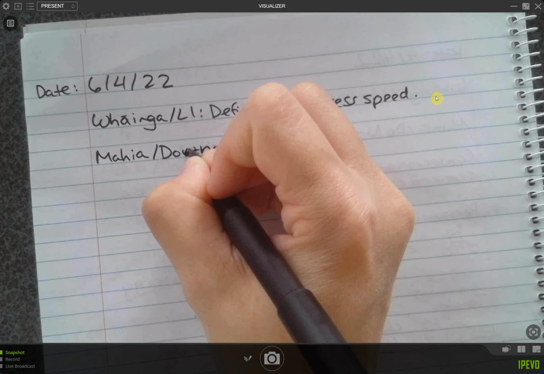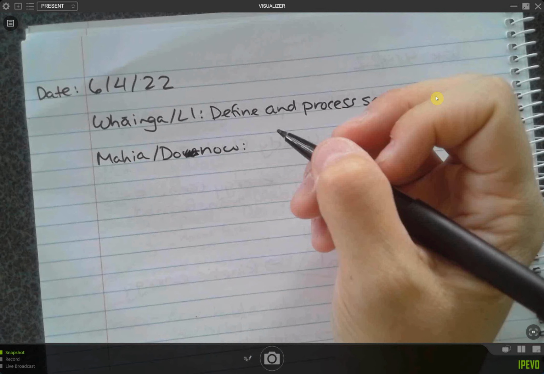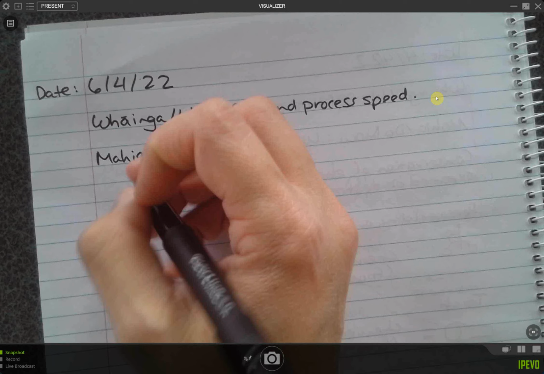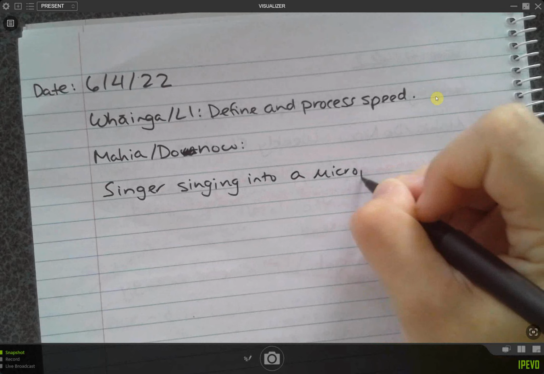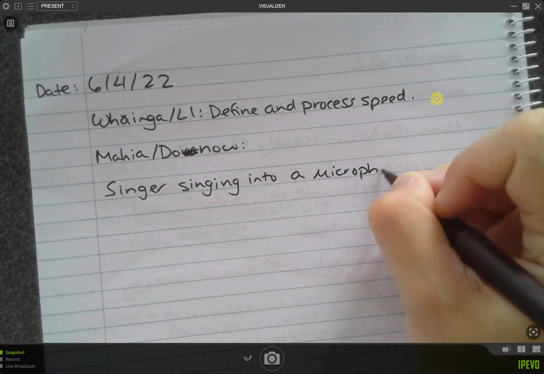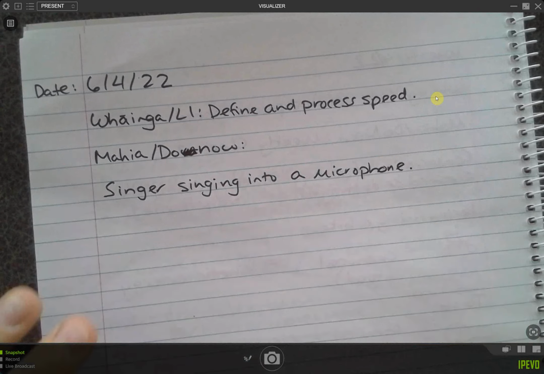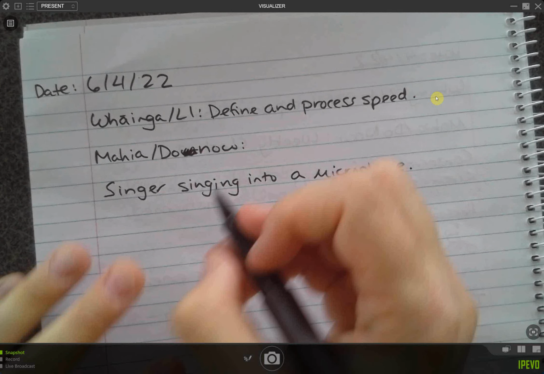We have a singer singing into a microphone, and we're thinking about the energy transformation. If a singer is singing into a microphone, the singing aspect is going to be your sound.